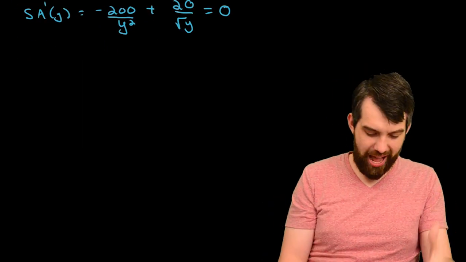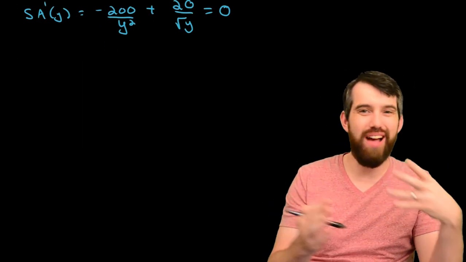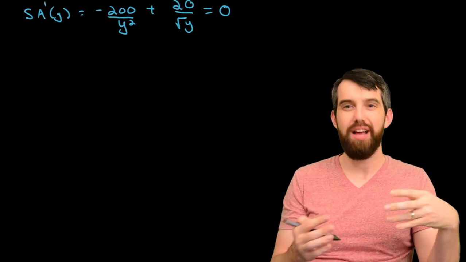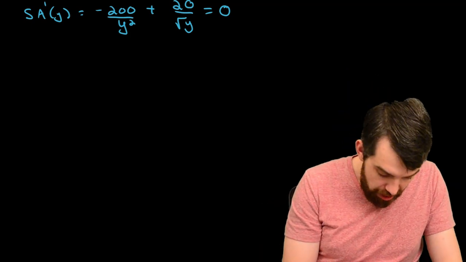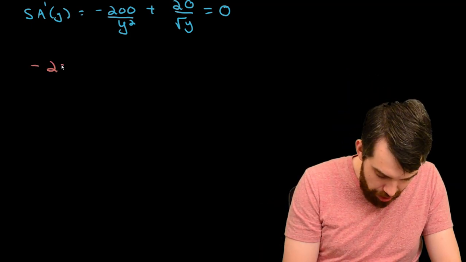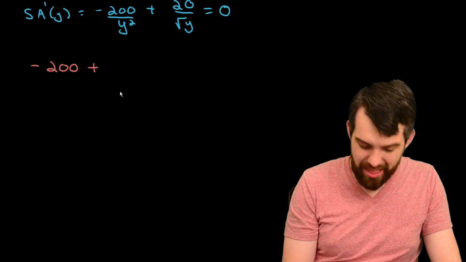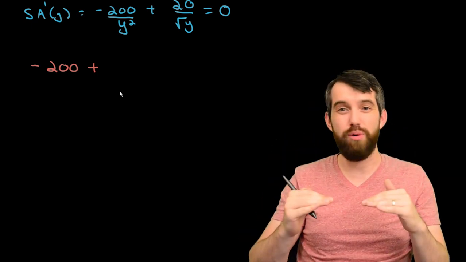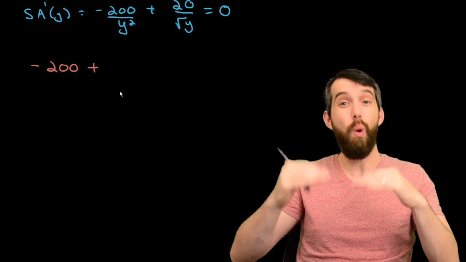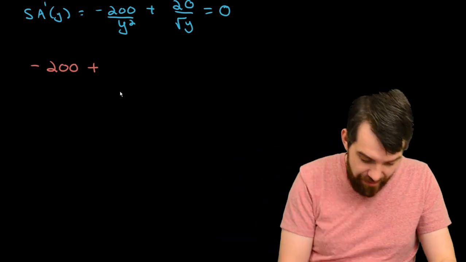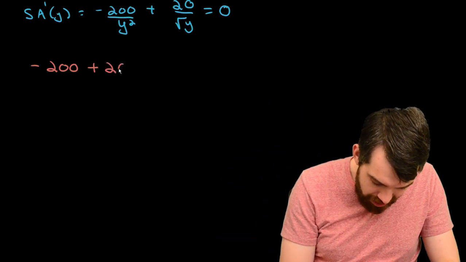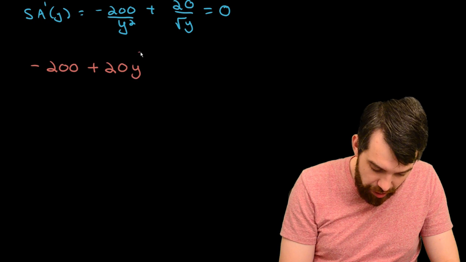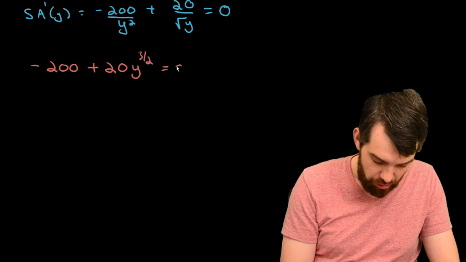All right, so I have this equation. I'm going to try to simplify it just a little bit to make it easier to solve. First, I'm going to multiply by y squared. This is going to tell me that minus 200 plus, okay, if I'm multiplying by y squared but dividing by square root y, dividing by square root y is like y to the 1/2, so y squared divided by y to the 1/2, this is going to be plus 20 y to the 3/2 is equal to 0.